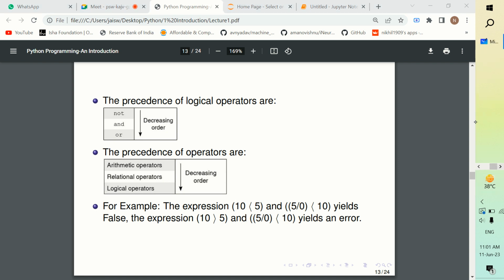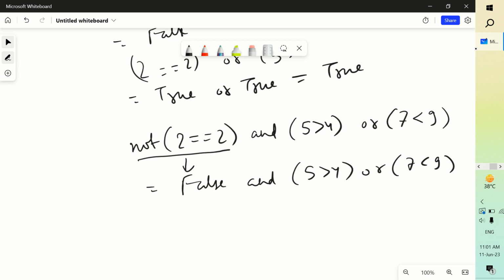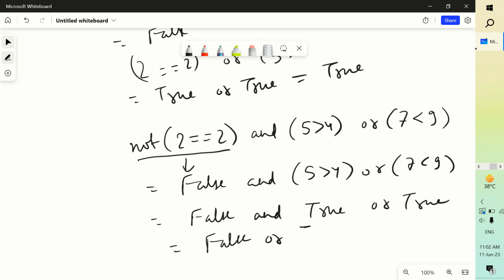So now the and operator will get operated. 5 greater than 4 is true, and here on the left it is false. So false and true will give false, and at last the or operator will get operated: false or 7 less than 9, which is true, so this will give true.